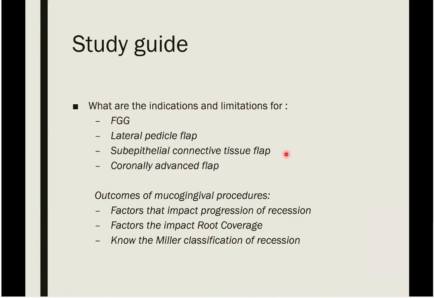Then there's the subepithelial connective tissue flap technique and coronally advanced flaps. So you want to know when they can be used and when they can't be. So for example, we can't coronally advance tissue if there isn't enough keratinized tissue, if we're hoping for root coverage. We certainly can coronally advance to cover a membrane and bone if we have supportive interdental bone height.